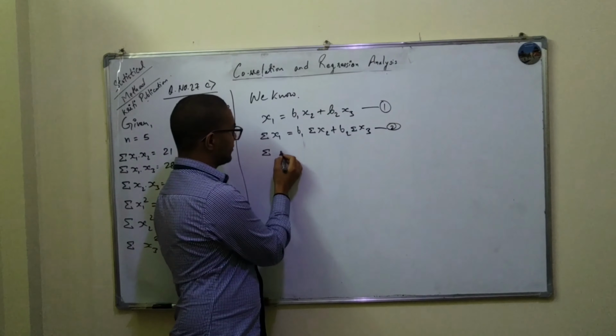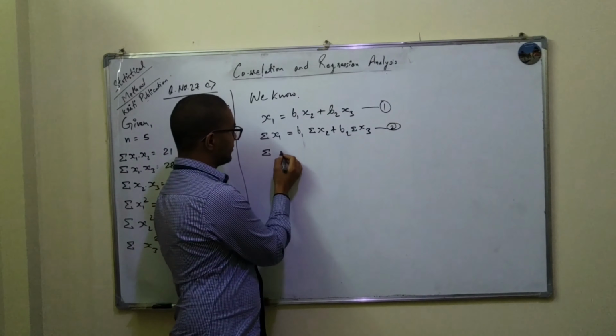x2 y is equal to b1 summation x1 x2 plus again b2 summation x2 whole square.